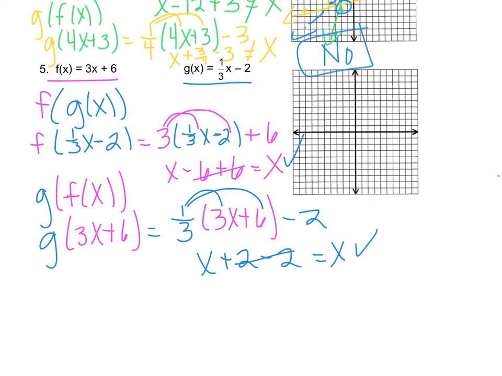Now let's show graphically that these would be inverses. Okay, so again, these are linear, so I'm just going to use slope and y-intercept. 1, 2, 3, 4, 5. So it crosses at 6. And then we're going up 3, right 1. And then down 3, left 1.